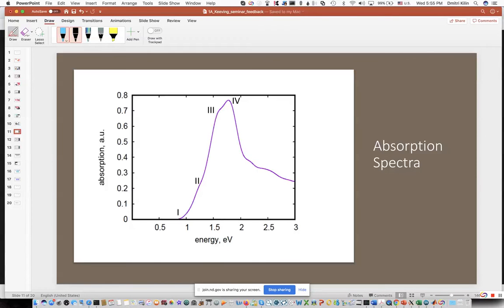Okay, here's my absorption spectra for my doped nanowire. Here we see that the electron absorbs the greatest amount of energy when transitioning to orbitals with energies from 1.5 to 2 electron volts. And I just wanted to make a quick note that the lowest transition, the number one that you see on the figure there, is dark.